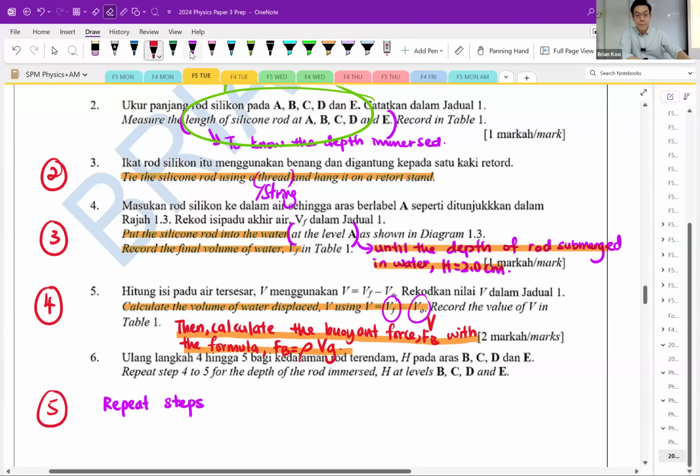Last step, repeat steps 3 and 4 for the depths of rod submerged. It could be rod or candle, doesn't matter, whatever the object.